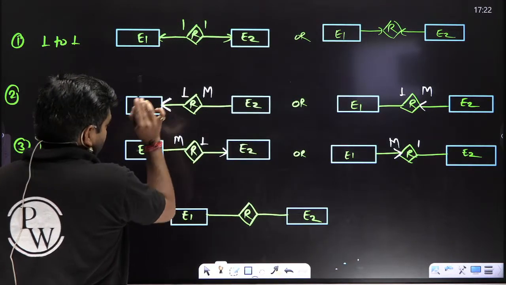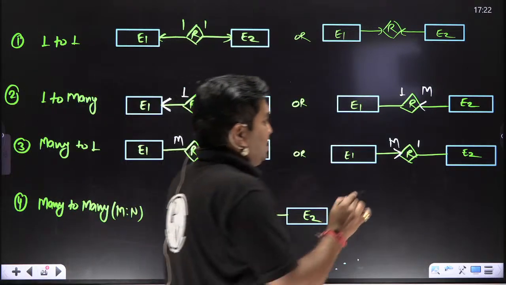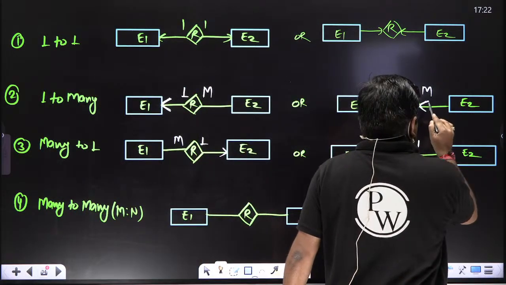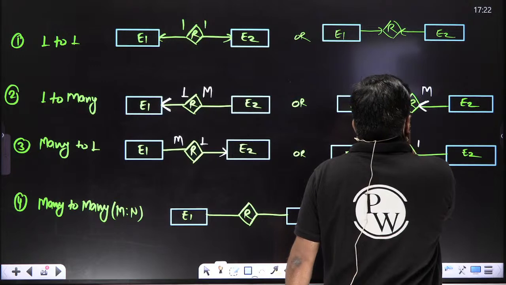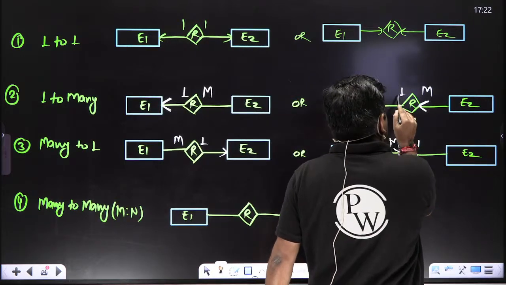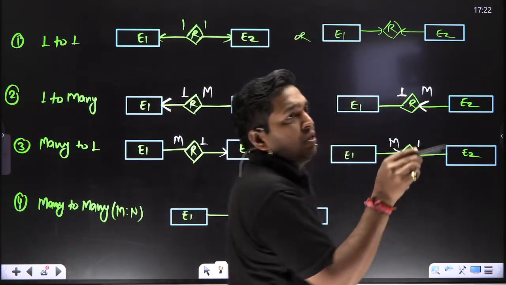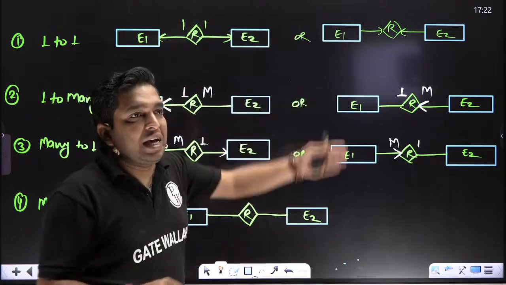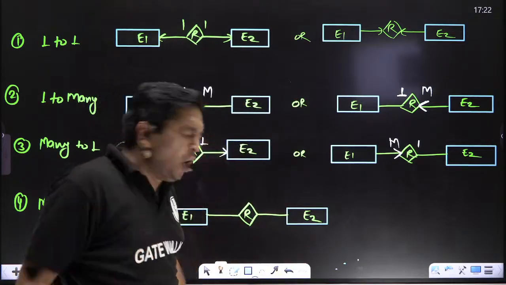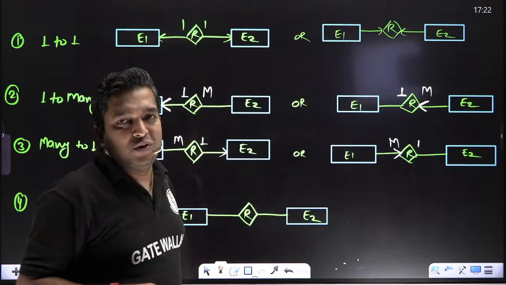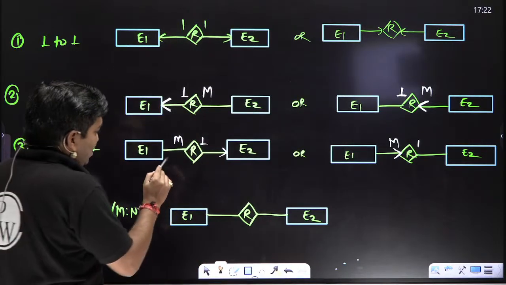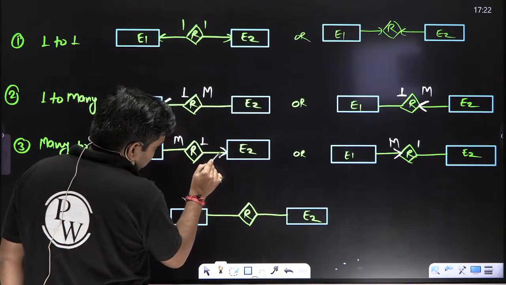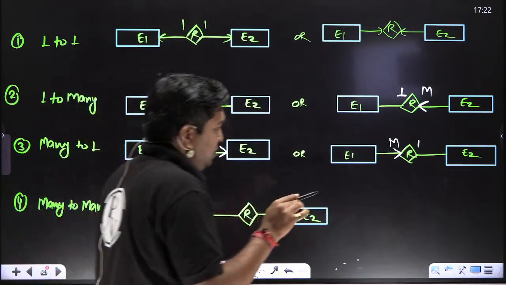Here, this one is one side. Where is the direction of the arrow? This side, this side. So this is one, because you will find this diagram also. You get confused, it's not your fault, but better to be clear. Next, many to one. Where is the direction of the arrow? This one.